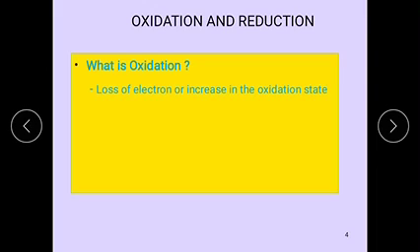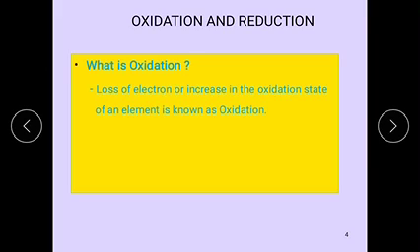The process of loss of electrons from an atom or ion, or increasing the oxidation number of an element, is known as oxidation. In examinations they may ask as a question, what is oxidation? The process of loss of electrons from an atom or ion or molecule is called oxidation.